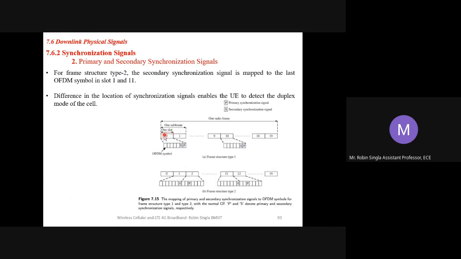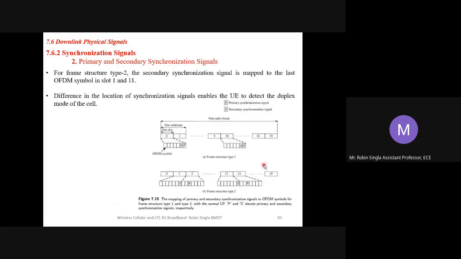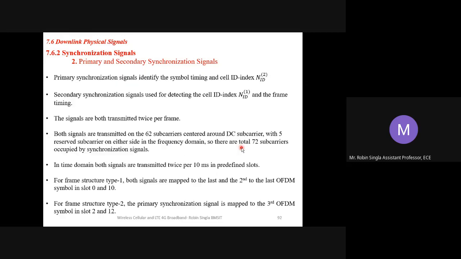This is your slot 0. In slot 0, it is mapped to the last and second last. Last is primary, second last is secondary. Similarly, for slot 10, last is primary and second last is secondary.